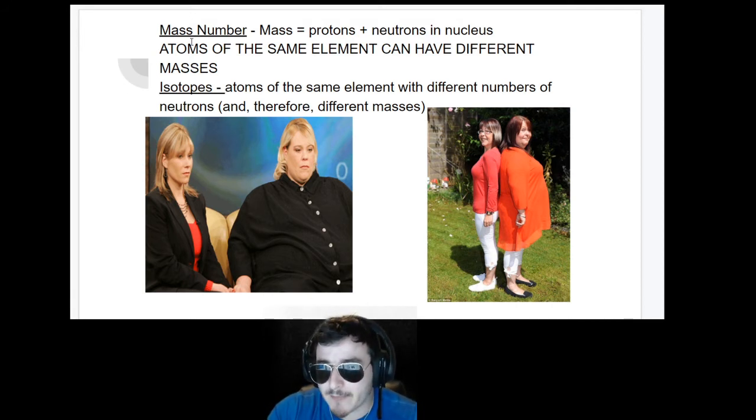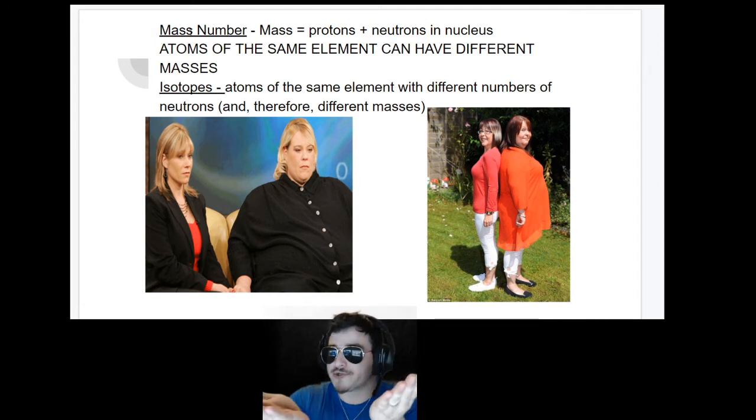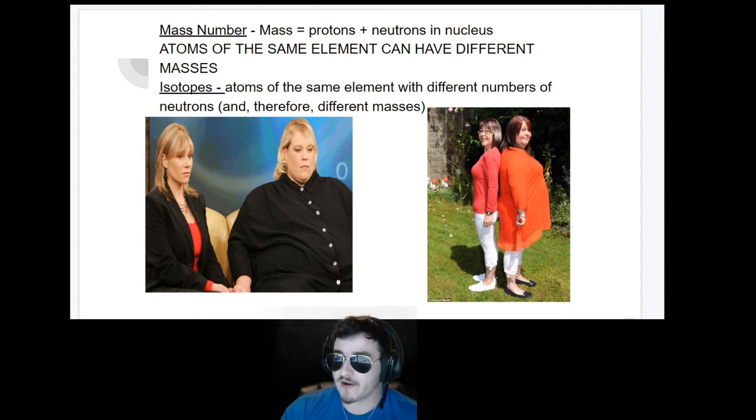Your mass number, aka the mass of an atom, is simply your protons plus your neutrons. So the mass of any atom, as far as we're concerned, is always a whole number. However, if different atoms of the same element can have different masses, why do we get a decimal number in the end? Well, it's because of these things called isotopes.